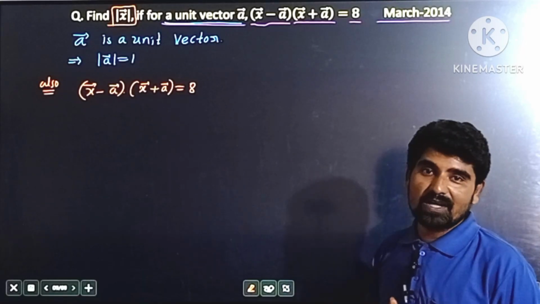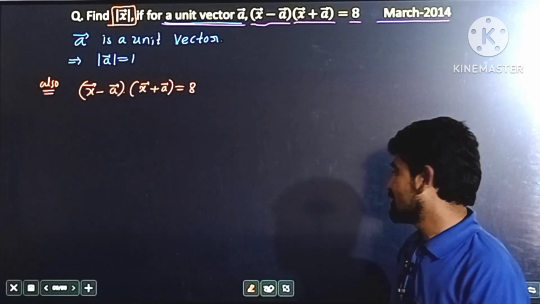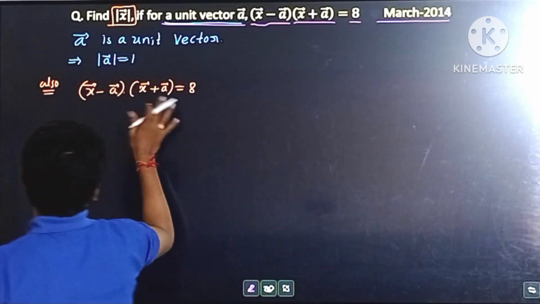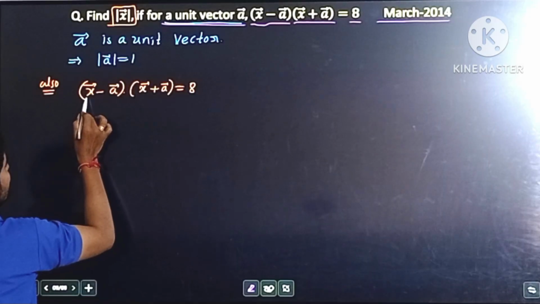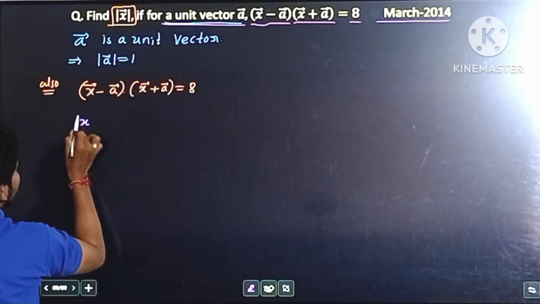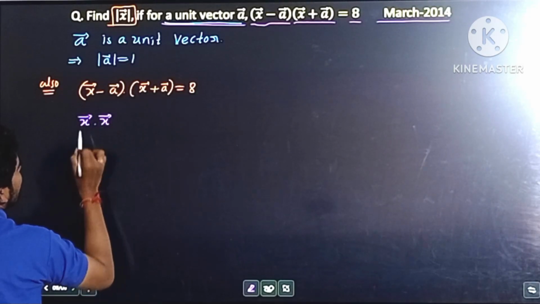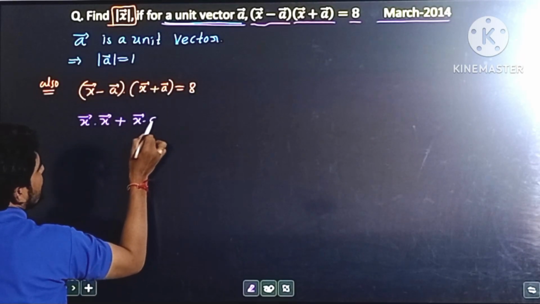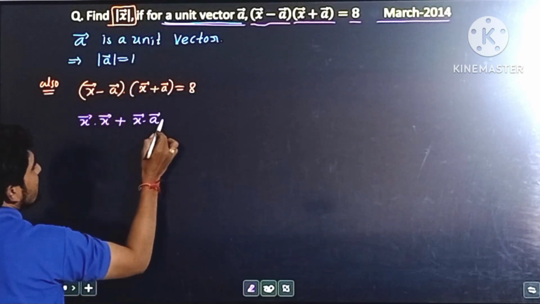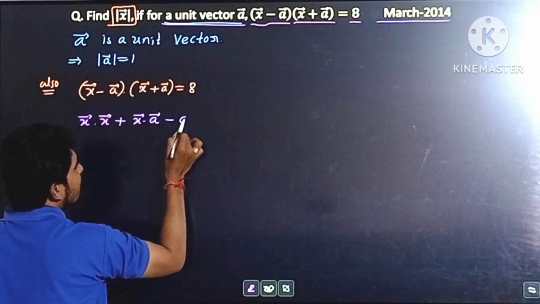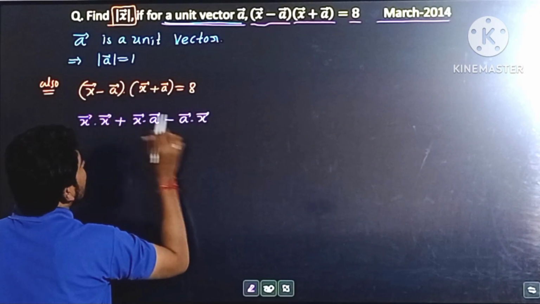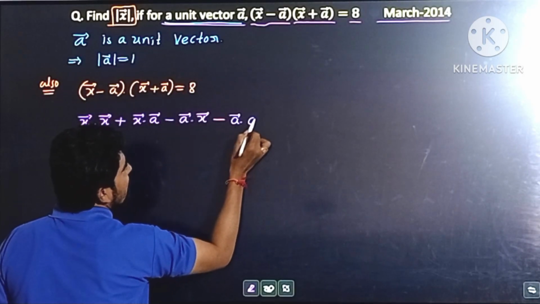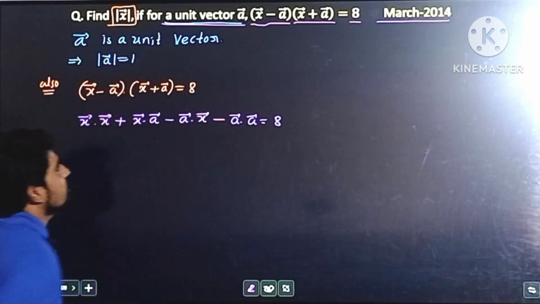See here, first, using the multiplication rule for the dot product: x vector dot x vector plus x vector dot a vector, minus a vector dot x vector, minus a vector dot a vector is equal to 8.